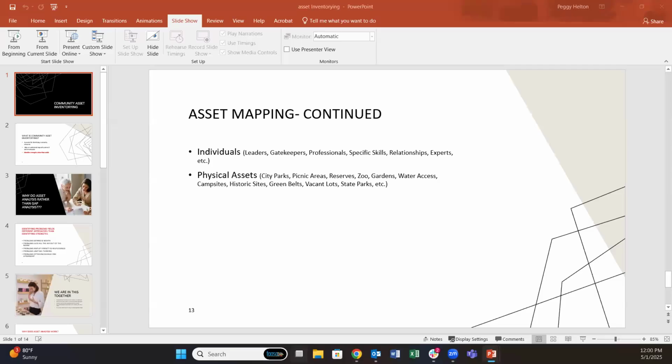And so they've looked at the physical assets too, because your physical assets in your community may be bringing in tourists and other potential support.